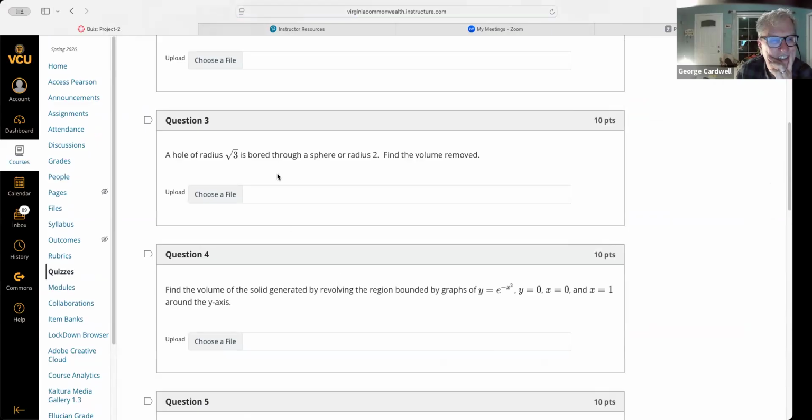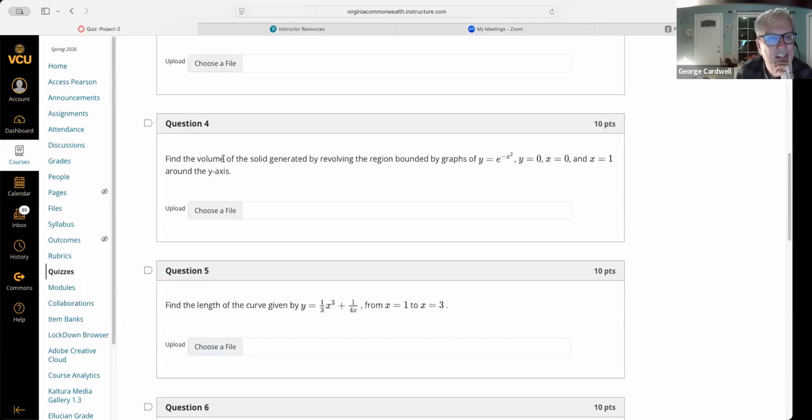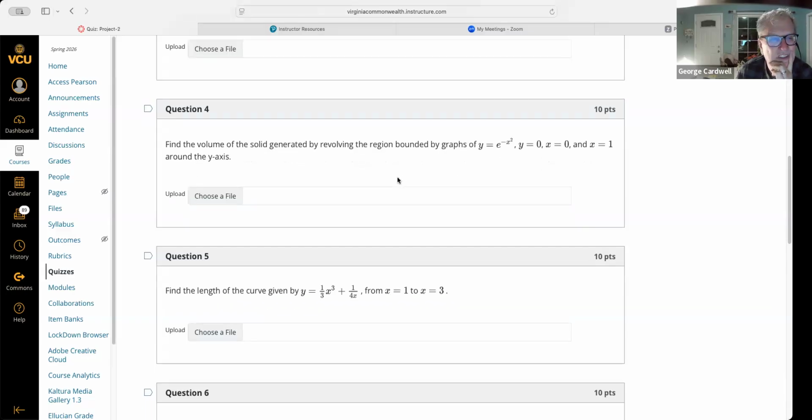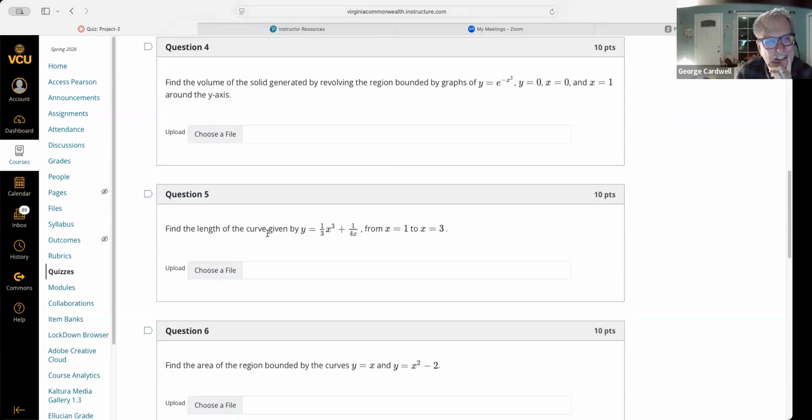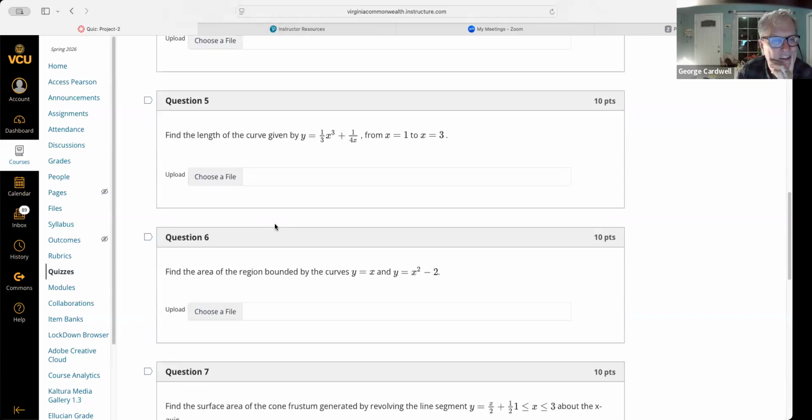So last time we talked about a whole radius root 3. Tonight we have: find the volume of the solid generated by revolving the region bounded by the graph y equals e to the minus x squared, and so forth. So that's a rotation. Find the length of this curve from 1 to 3. So that's an arc length problem.